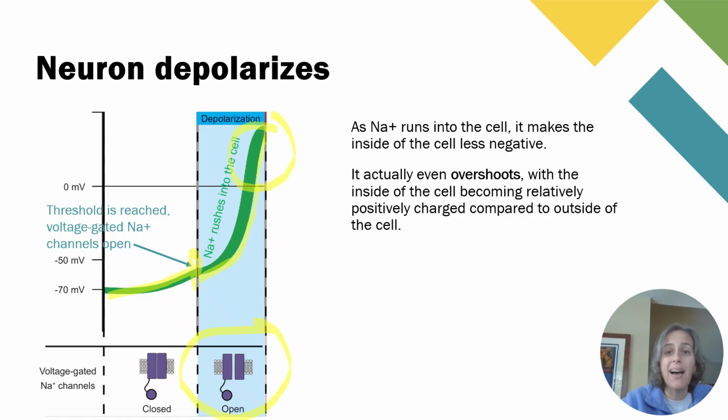This up here is a positive charge relative to the outside of the cell. That's a little bit of overshoot because so much sodium is coming into the cell. You might remember, what's the equilibrium potential for sodium? I think it's like +60 or something. So the sodium will keep going until you get to +60. It never gets that far, but we do overshoot and get above 0.